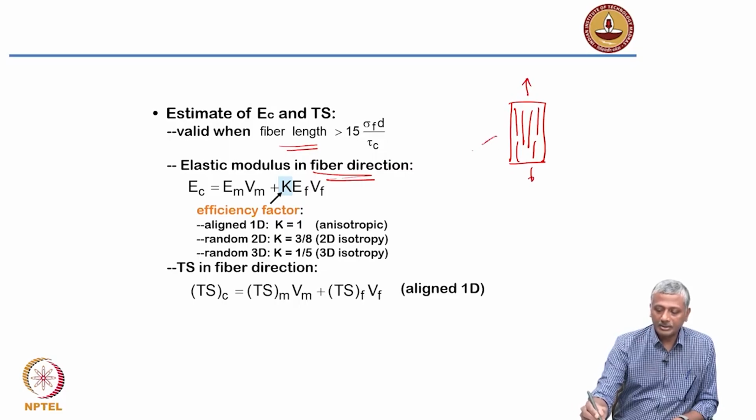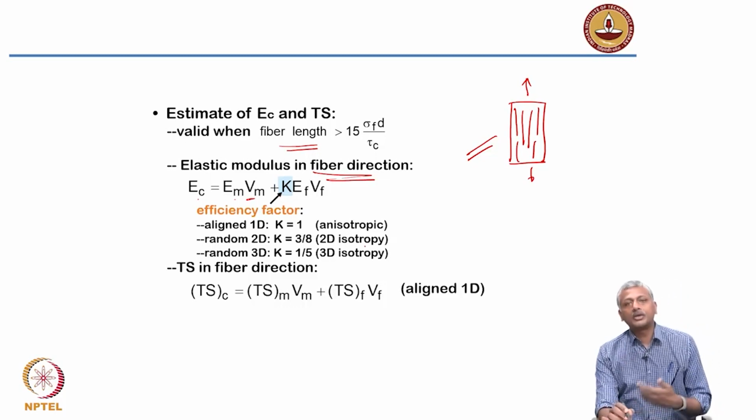So in this direction, you have modulus of the composite equal to modulus of the matrix times volume fraction of the matrix plus volume fraction of the fiber times modulus of the fiber times a factor k, and k depends a lot on the orientation.